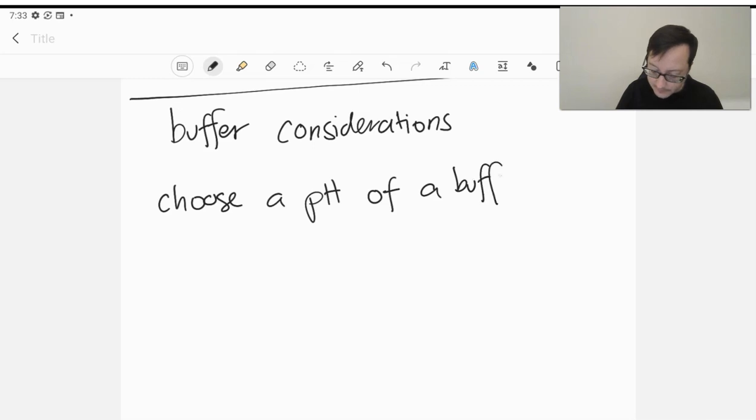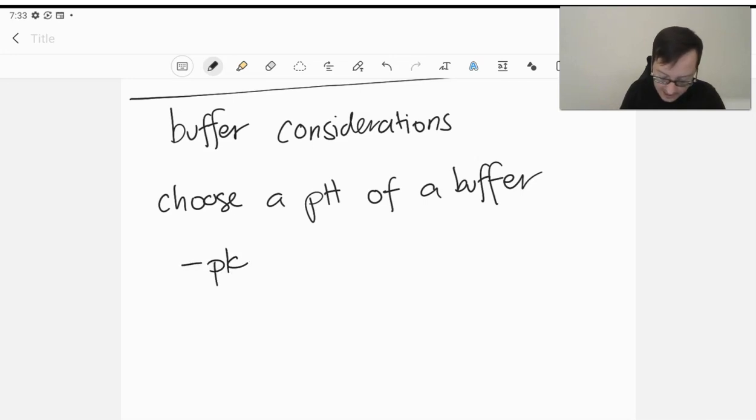So thankfully, we have many different weak acids, right? And we want to choose one that has a pKa around that of the pH that we're desiring. So if you want to have a buffer be at a certain pH, you want to choose one that's close to the pKa.